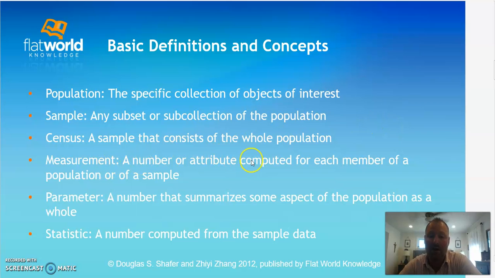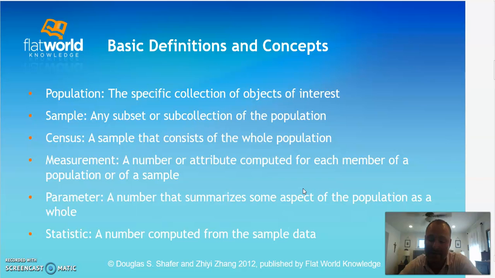Measurement: a number or attribute computed for each member of a population or sample. So for measurement, we might want to say how many had contracted COVID-19. That would be our measurement. Parameter: a number that summarizes some aspect of the population as a whole. So a parameter could be an age group, right?